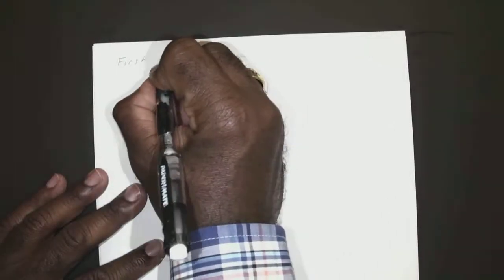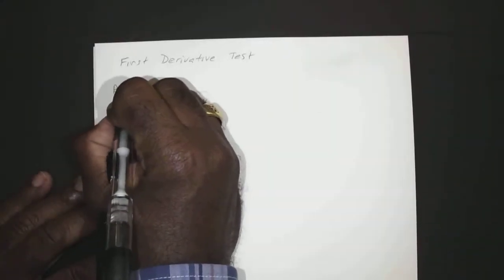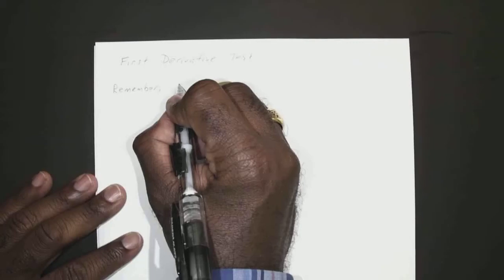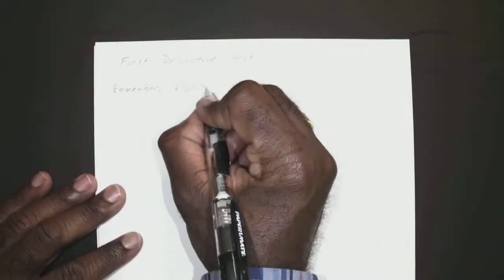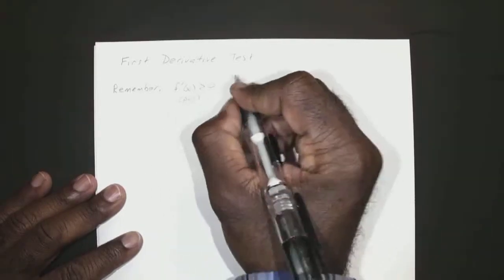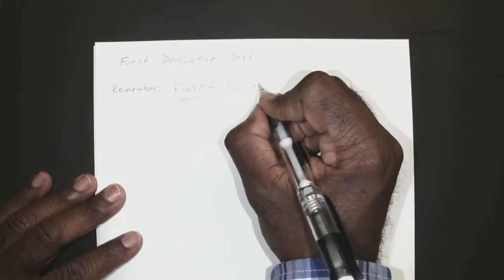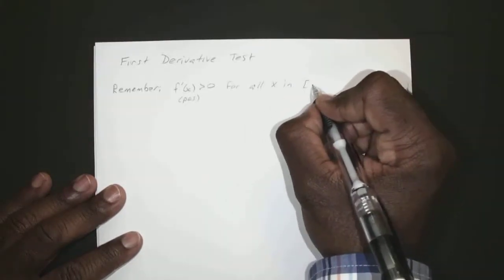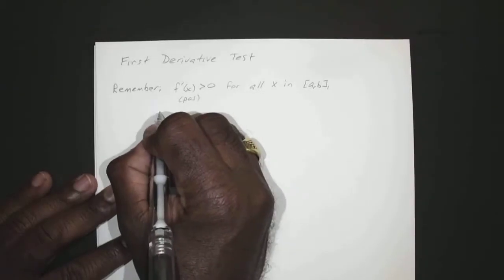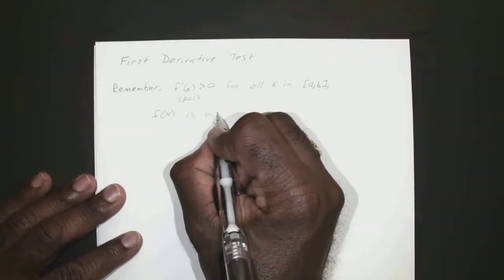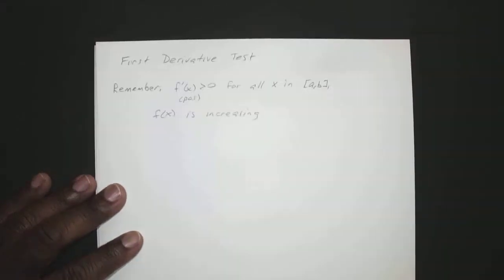Okay. So we're going to do the first derivative test. If you remember, if the derivative is positive for every value in, let's say, some interval AB, then we know that f of x is increasing in that interval.